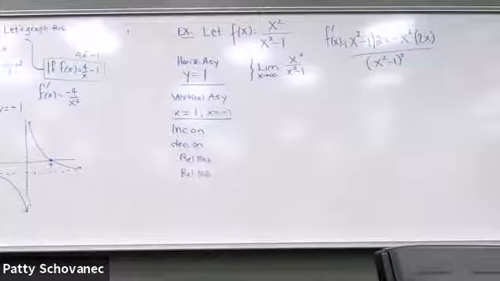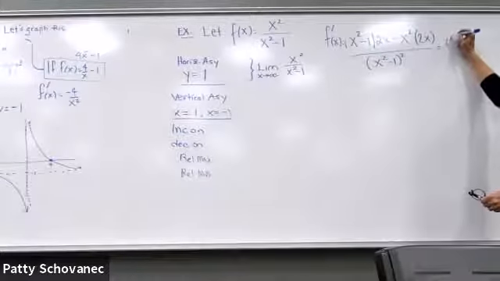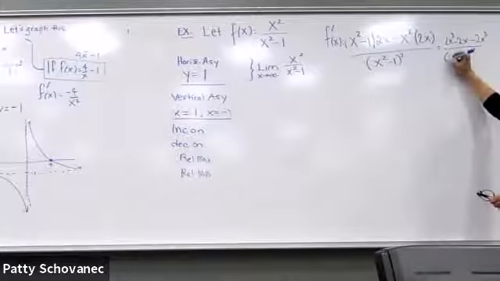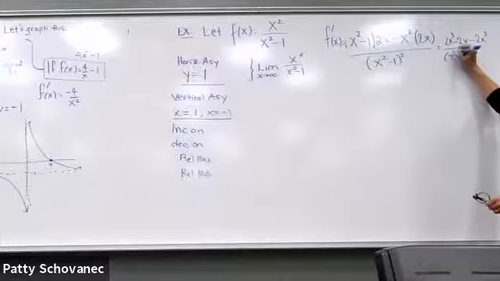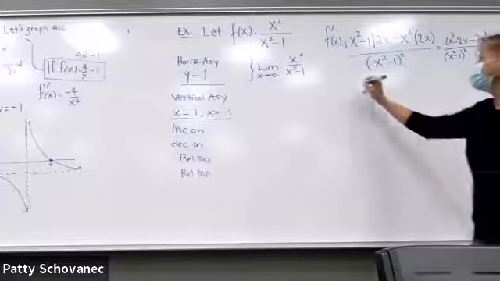When I multiply that out, this will look like 2x cubed minus 2x minus 2x cubed over (x squared minus 1) squared. So we just get a 2x on top, a minus 2x at that.